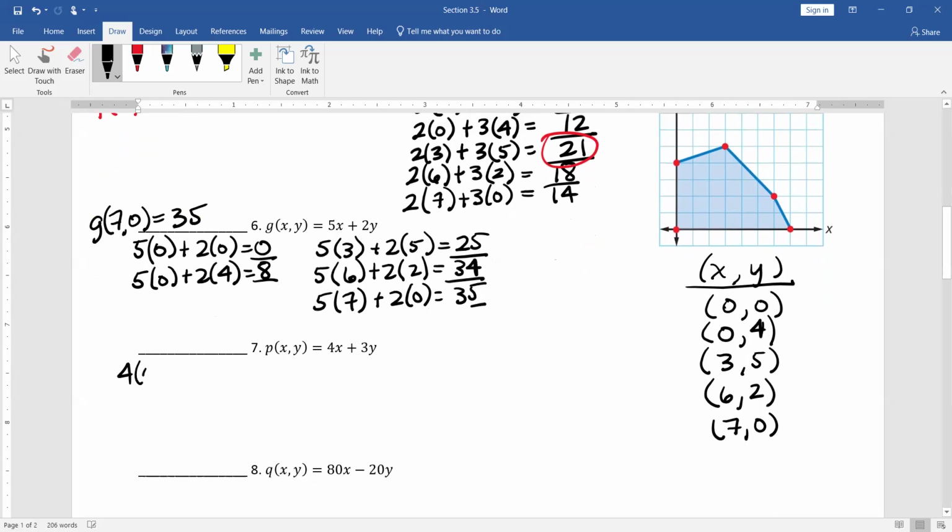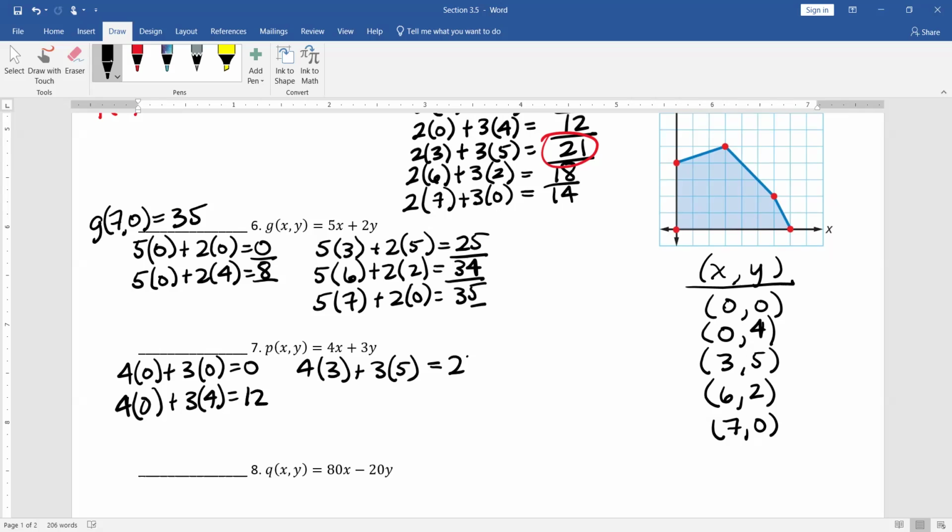So again, 4 times 0 plus 3 times 0, 0. 4 times 0, 3 times 4, 12. 4 times 1 plus 3 times 5, 12 plus 15, so that's 27. 4 times 6 plus 3 times 2, 30. 4 times 7 plus 3 times 0, 28.